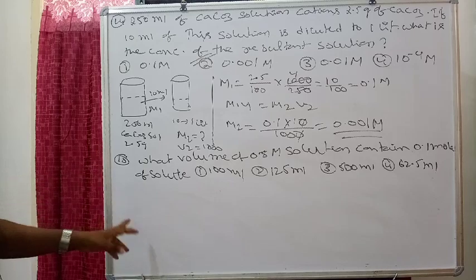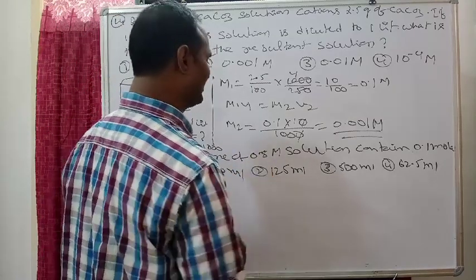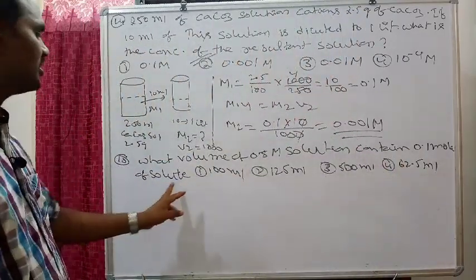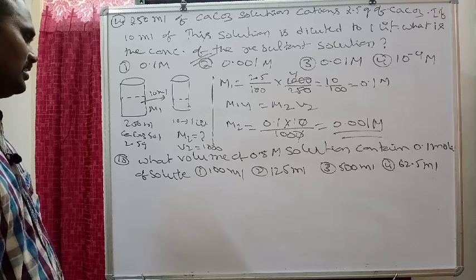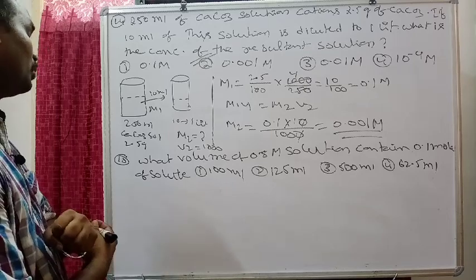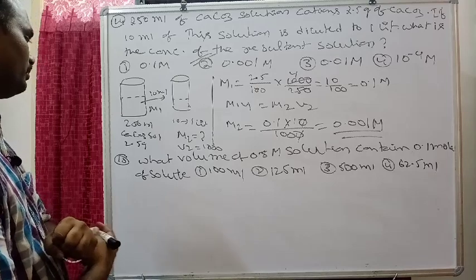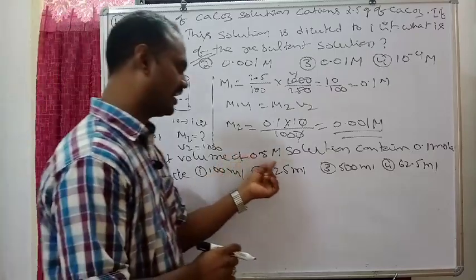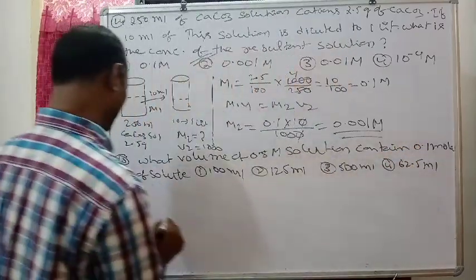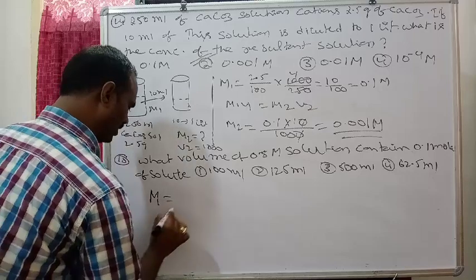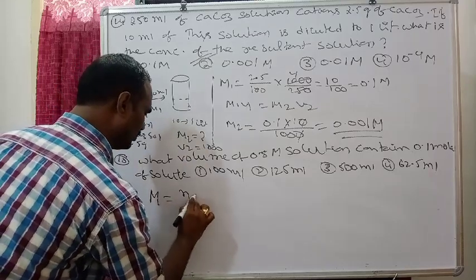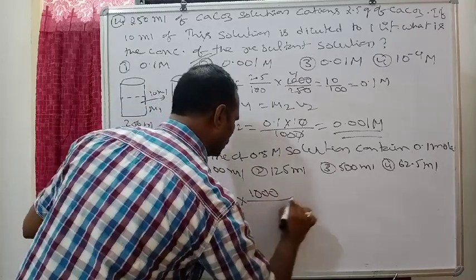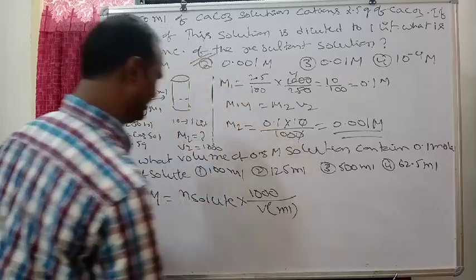Next one: what volume of 0.8 M solution contains 0.1 mole of the solute? Here, 0.1 mole of solute is present in how many mLs of 0.8 M solution? This is molarity. Molarity formula, you know: molarity is equal to the number of moles of solute into 1000 by volume in milliliters.